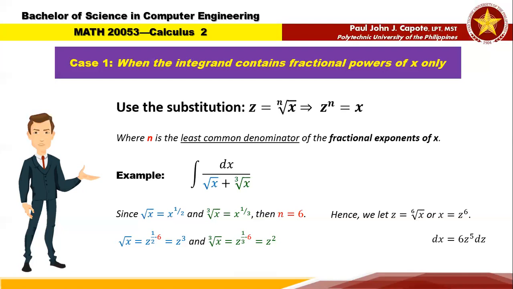And so we get z raised to the power of 3. And cube root of x can be expressed as z raised to 1/3 times the value of n, which is 6. And so we get z raised to the power of 2, or z squared.